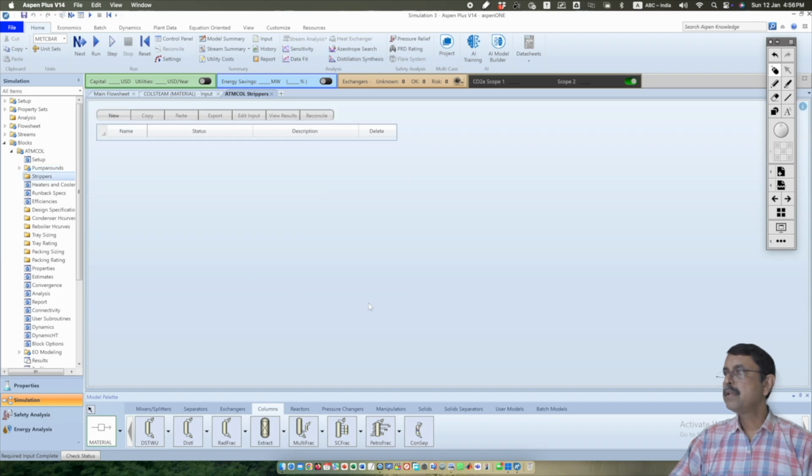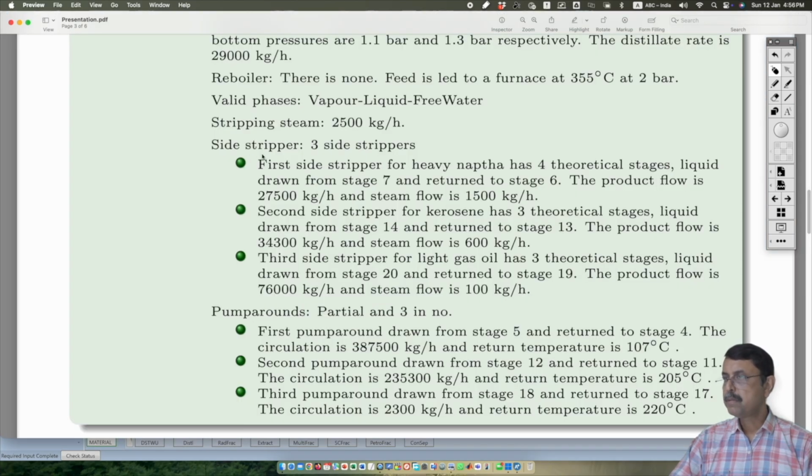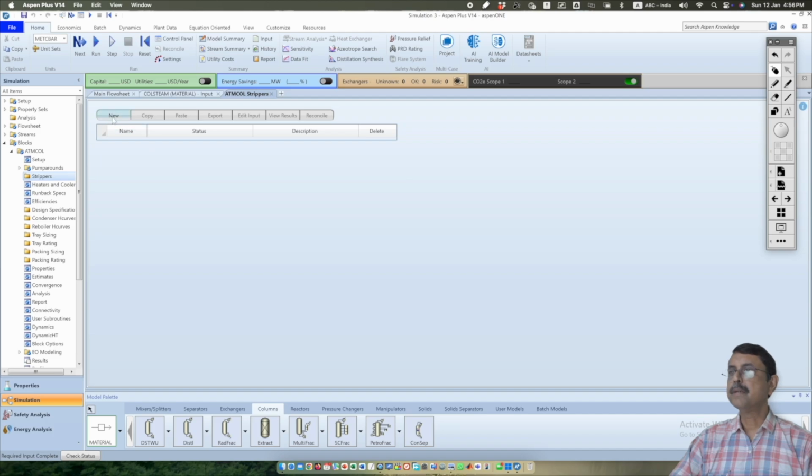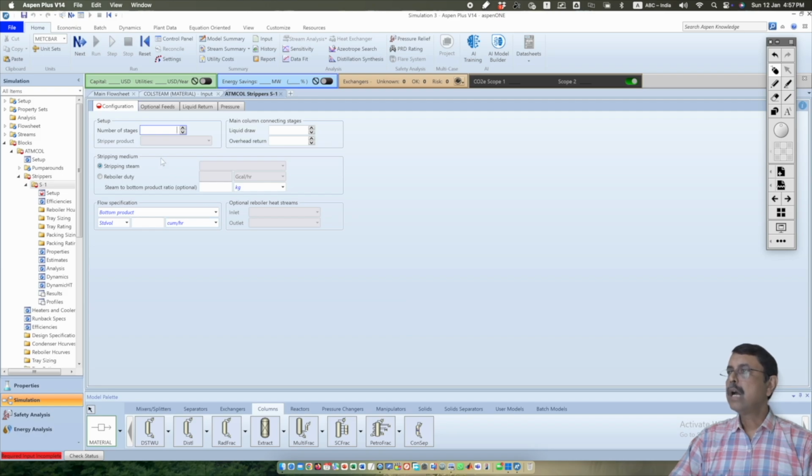Now we come to the stripper. How many strippers are there? We have 3 strippers. So first stripper, S1, how many stages are there for that?